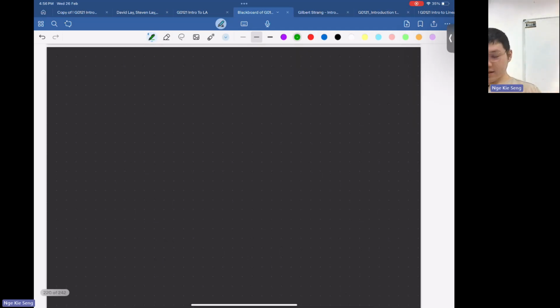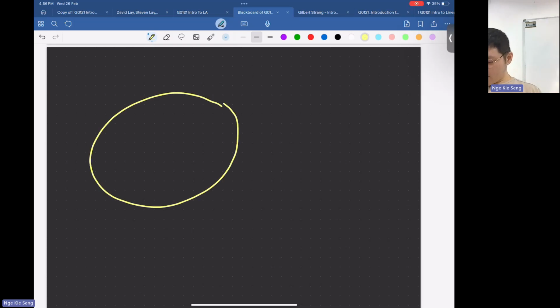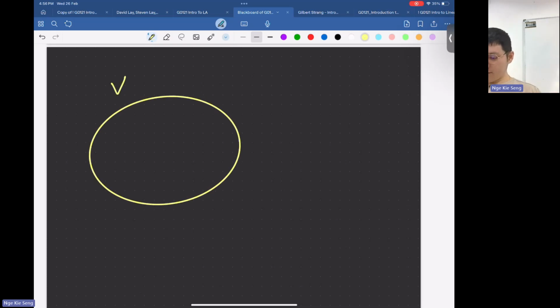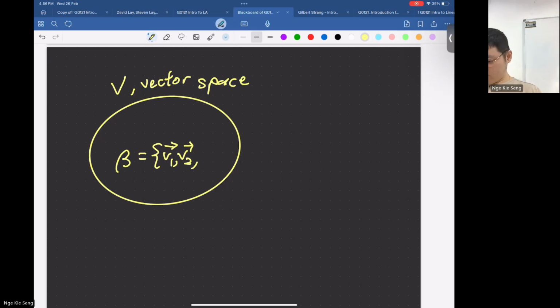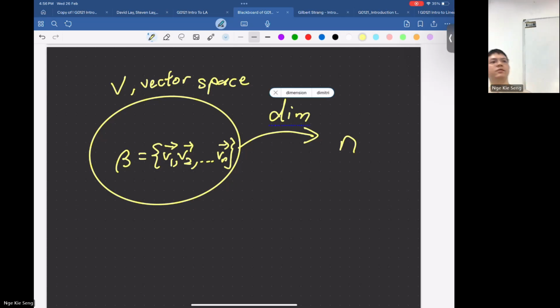Basically we start with a vector space V, and then we find a set of bases. Then we have this construction called the dimension. We take the number out, call it n. And then this n should be what?